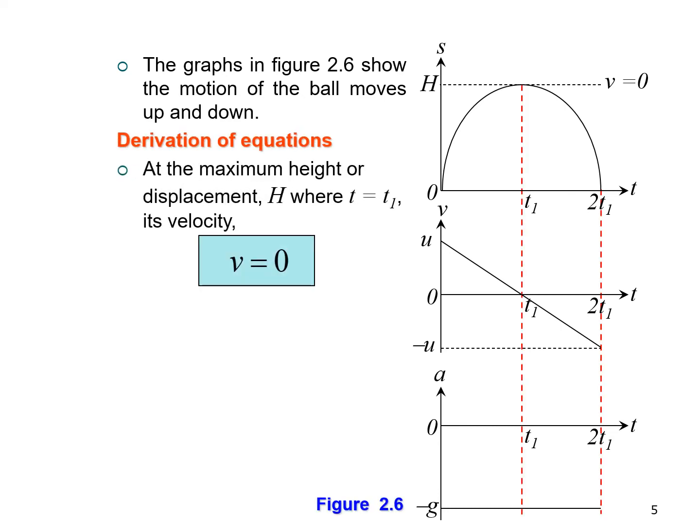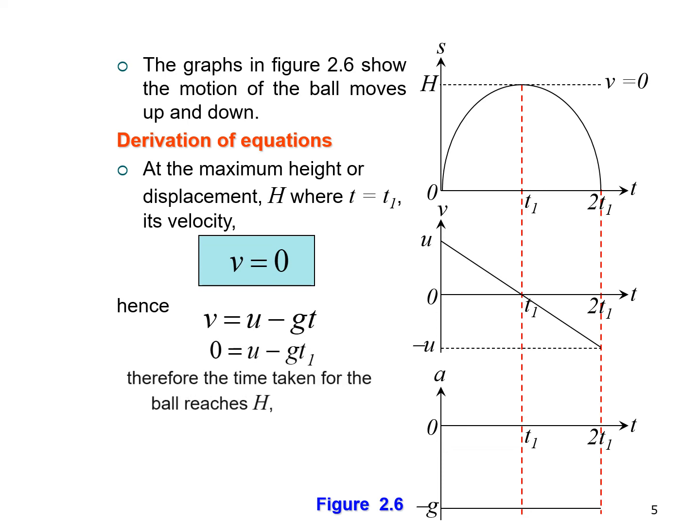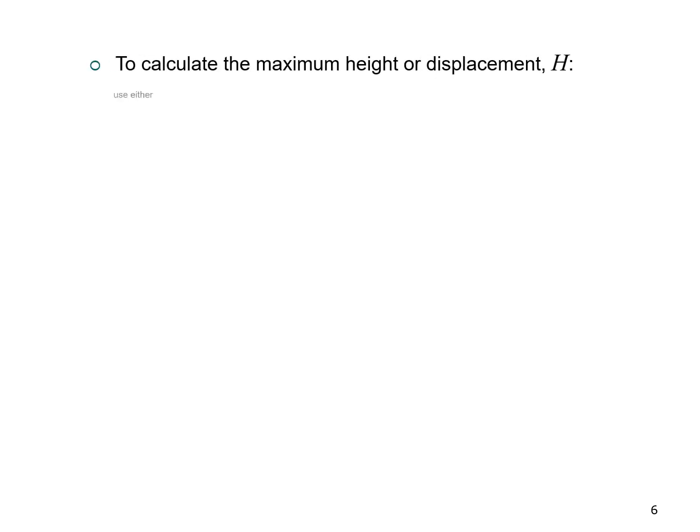From here we know the final velocity becomes 0. If we replace the v value of 0 into this equation and rearrange, we can determine the value of t, the time taken. Another derivation is that we can determine the maximum height.